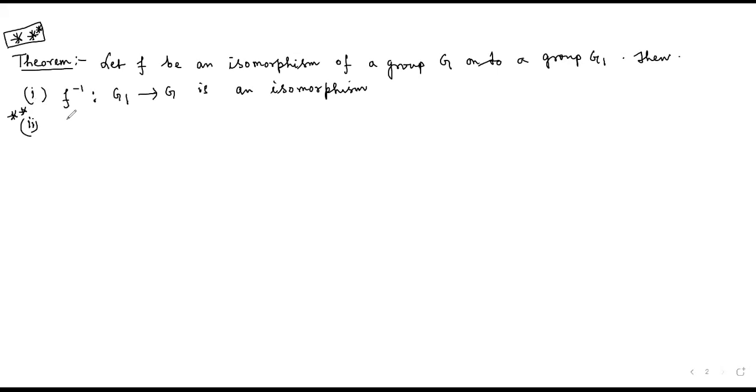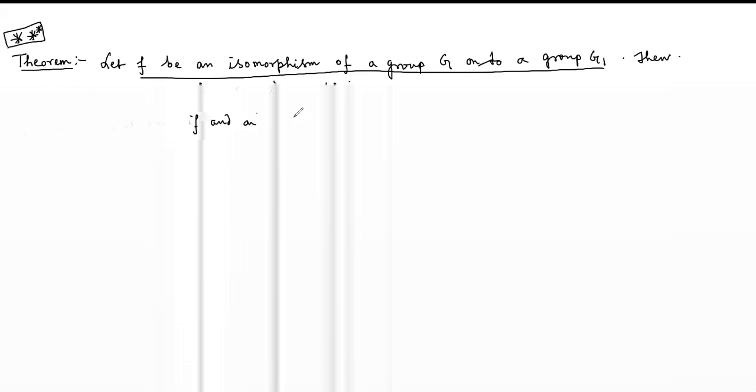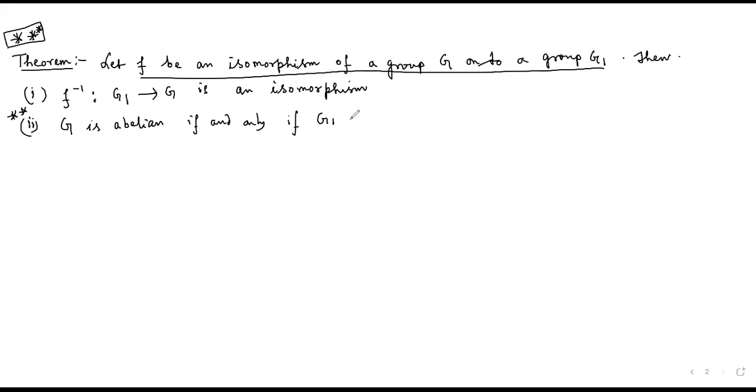It is saying that if f is an isomorphism from a group G onto a group G1, then G is abelian if and only if, it is true both ways, G1 is also abelian.